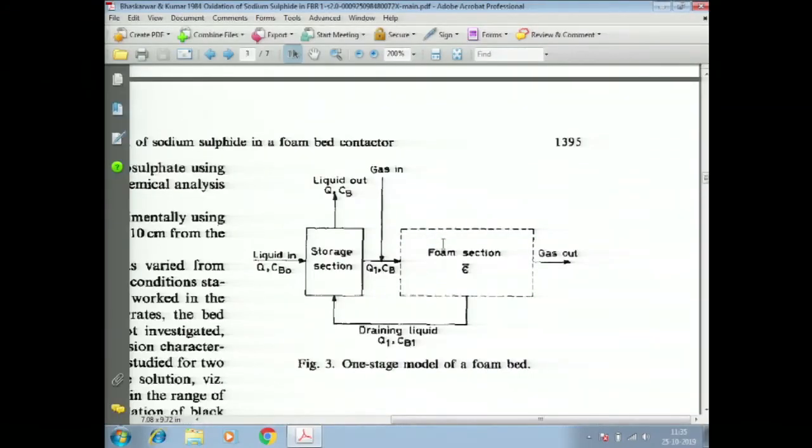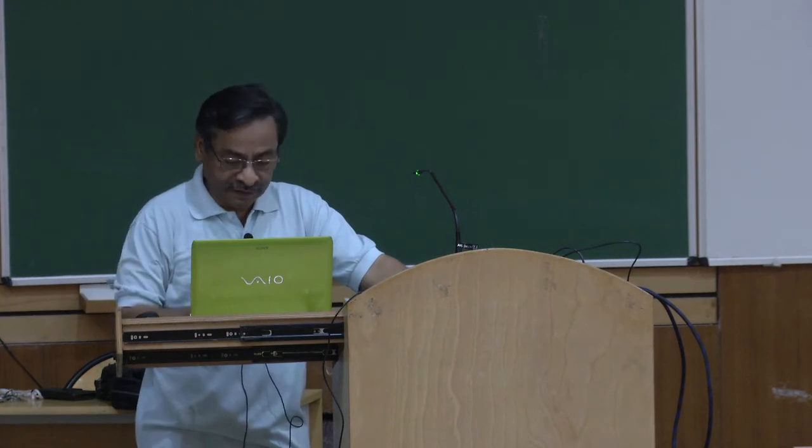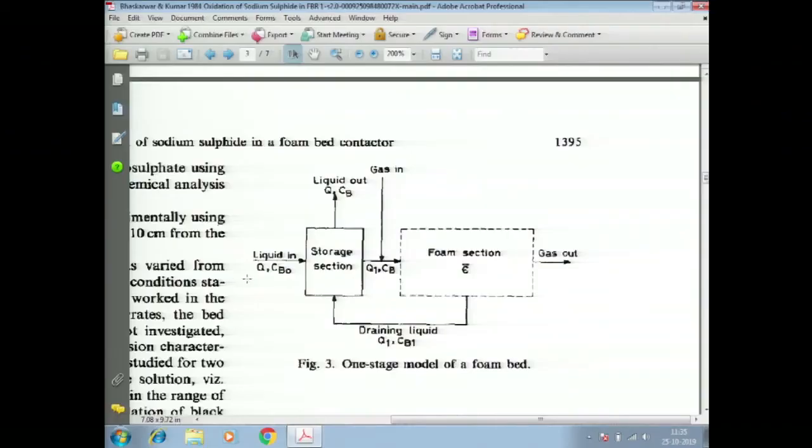Across the storage section, we will have liquid coming in at flow rate Q continuously, and it leaves continuously at the same flow rate. I explained to you a semi batch operation, but you could have the liquid flowing in a cross fashion across the reactor, across the storage section, continuously at a flow rate of this capital Q. Can you see this? Inlet concentration of sodium sulphide may be Cb0.